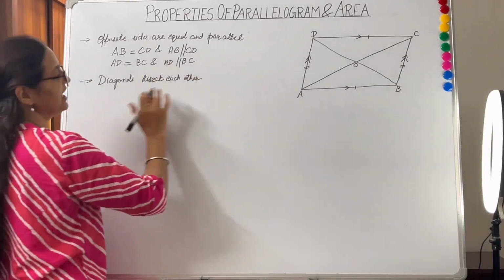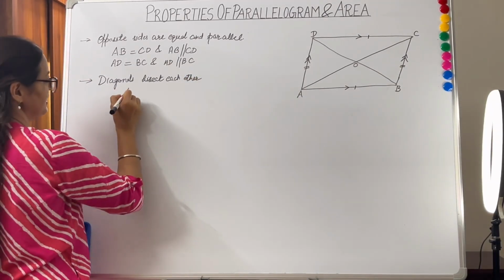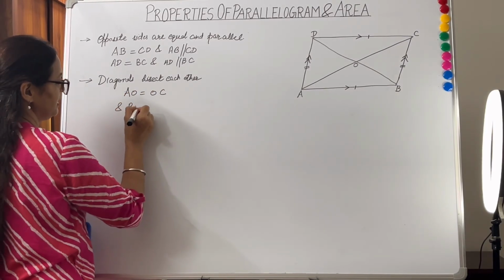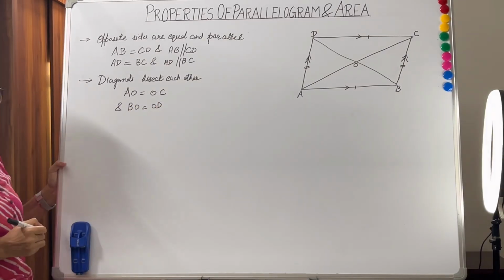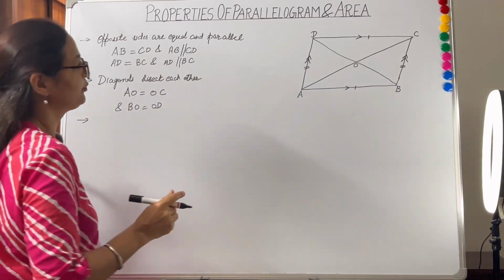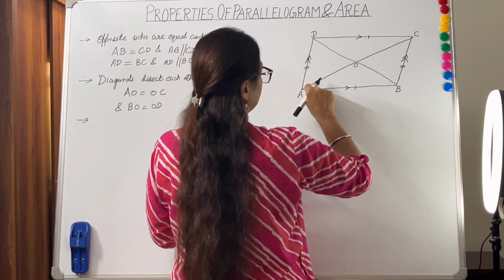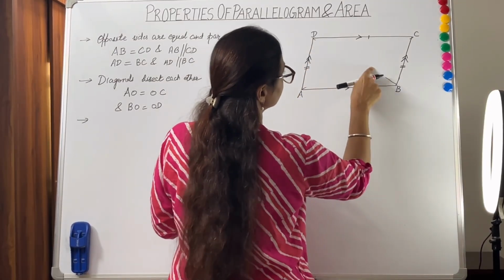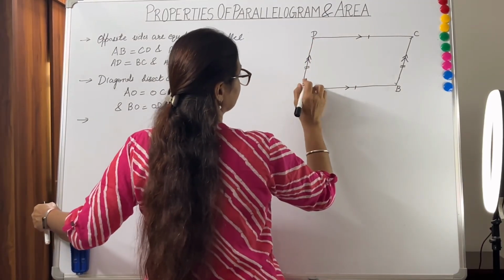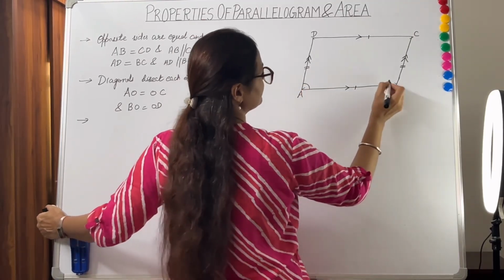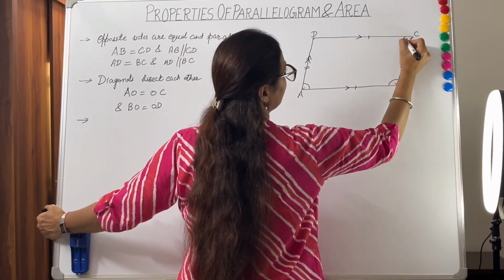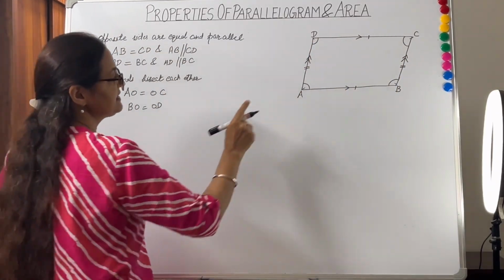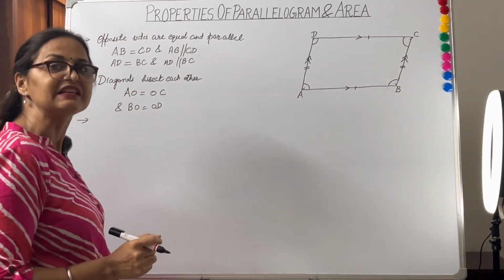Okay. So again we will write according to our figure. It means AO is equal to OC and BO is equal to OD. Okay. Now coming to third point. I am just rubbing these diagonals so that there is no confusion. Now I am making these angles. These are the four angles: angle A, angle B, angle C and angle D. Now third property of a parallelogram is opposite angles of a parallelogram are equal.